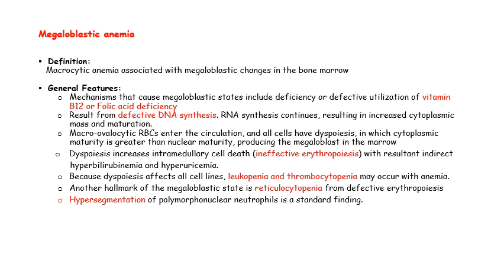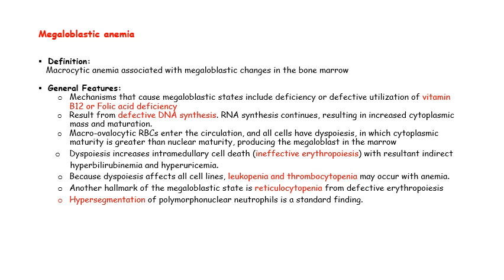Deficiency results in defective DNA synthesis, while the RNA synthesis will continue, resulting in increased cytoplasmic mass and maturation. Macro-ovalocytic red blood cells enter the circulation, and all the cells have a state in which cytoplasmic maturity is greater than the nuclear maturity, producing megaloblasts in the bone marrow.